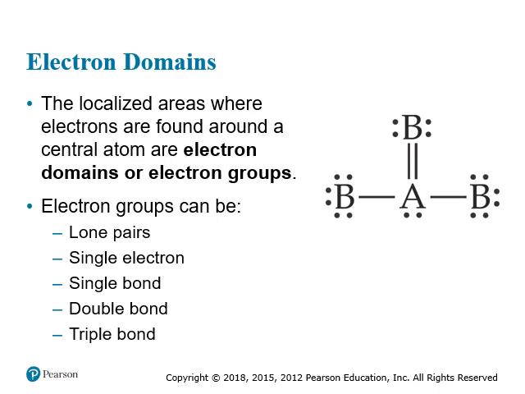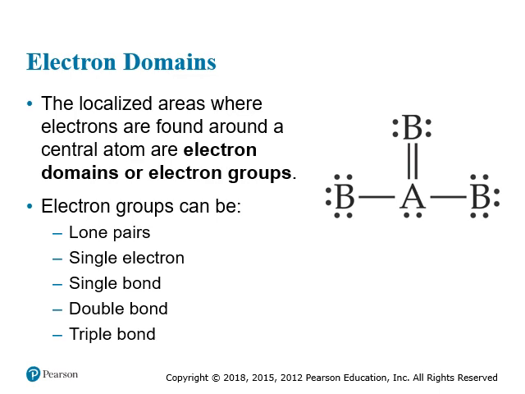And in some instances, we can have a single or lone electron that is unpaired in a non-bonding pair. Well, these areas around a central atom where the electrons are found are called electron groups or electron domains.